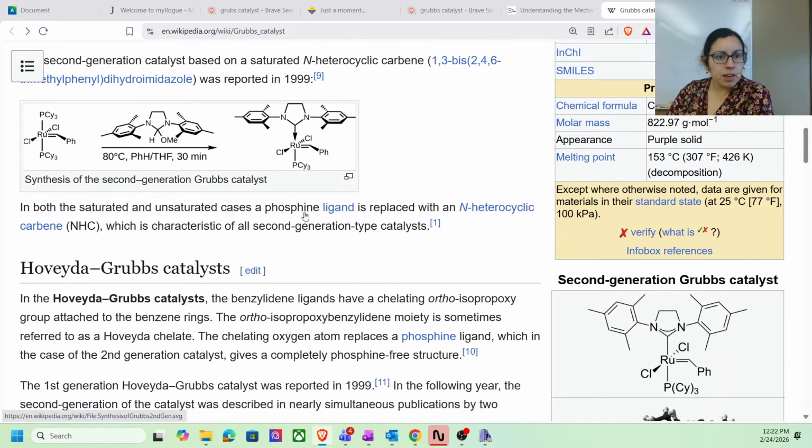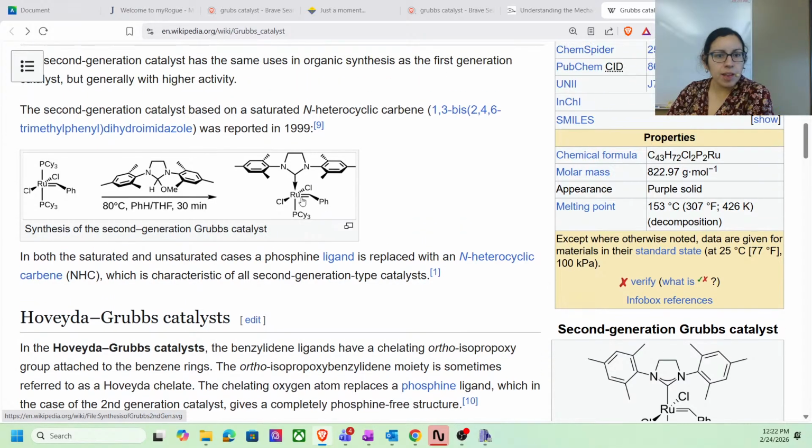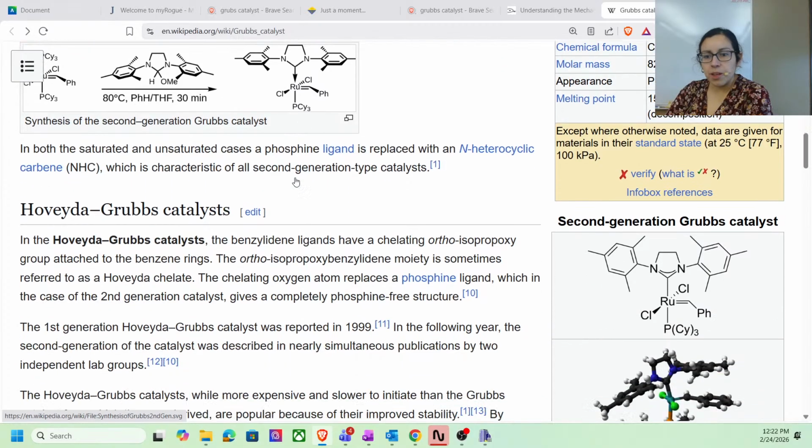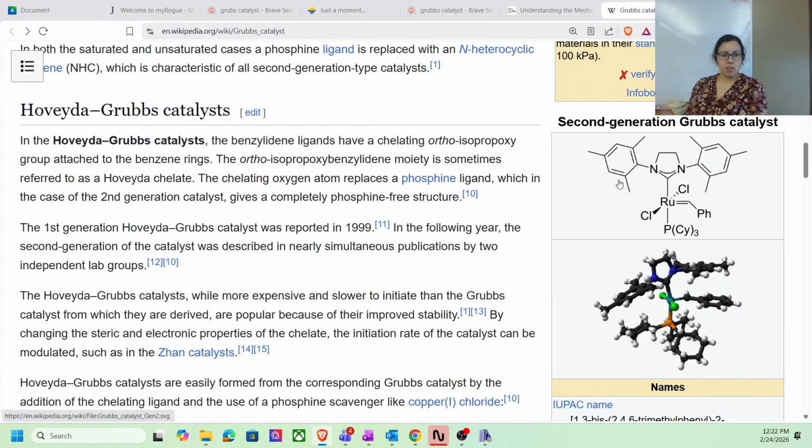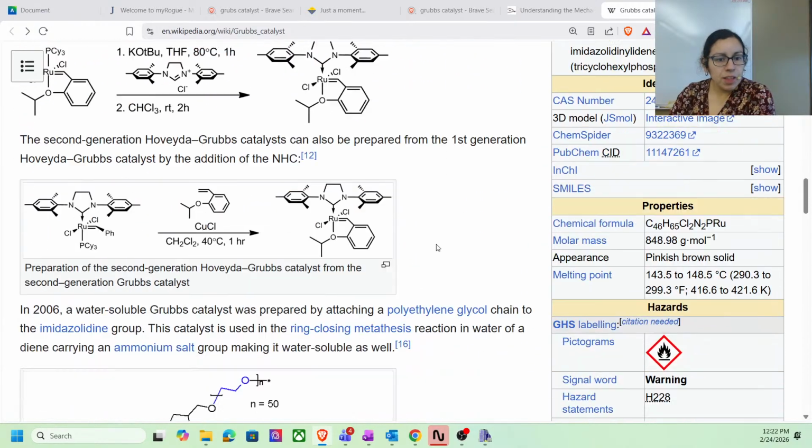And then of course it got a little bit more complicated. These second generation ones here have these carbenes to stabilize them. So those are pretty famous. But again, it's super cool that you can purchase them. So now people literally just buy these catalysts, put them in their reaction, and they work.